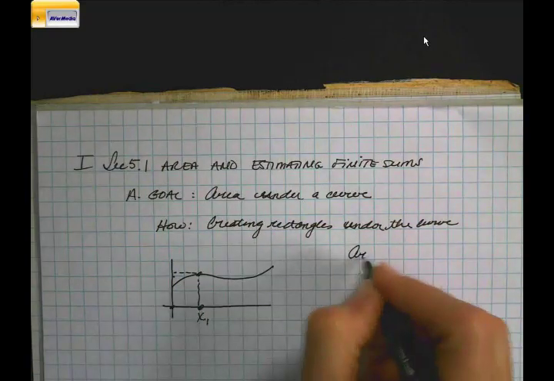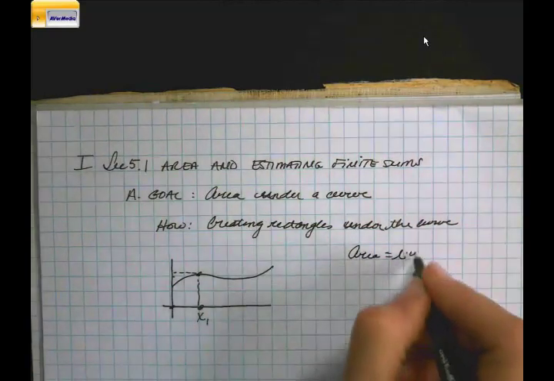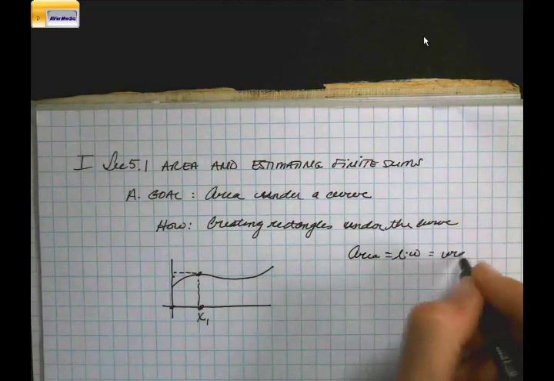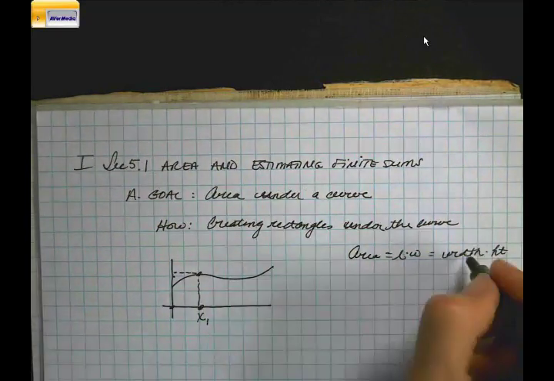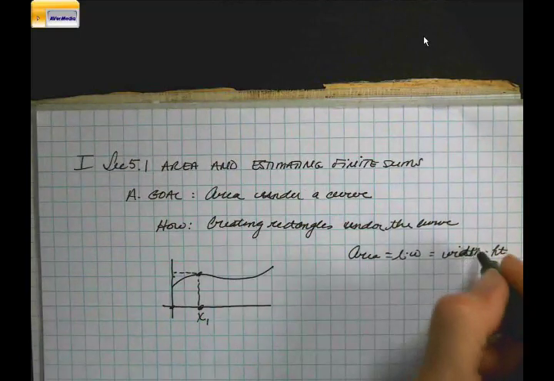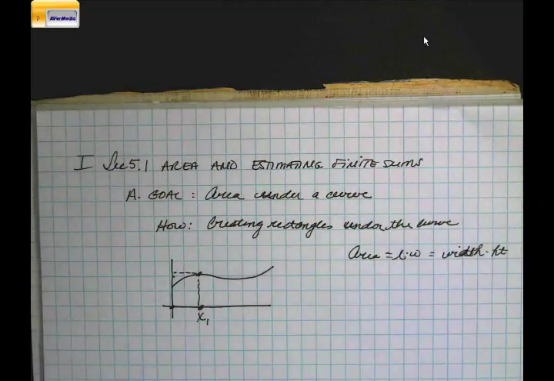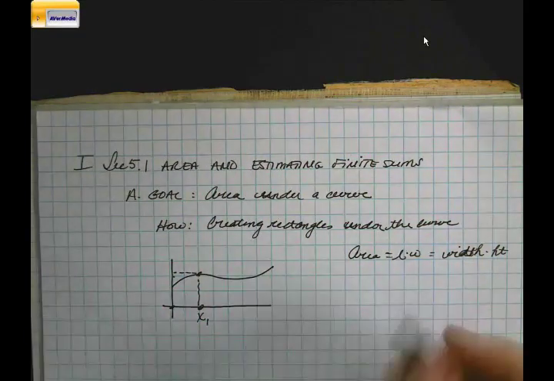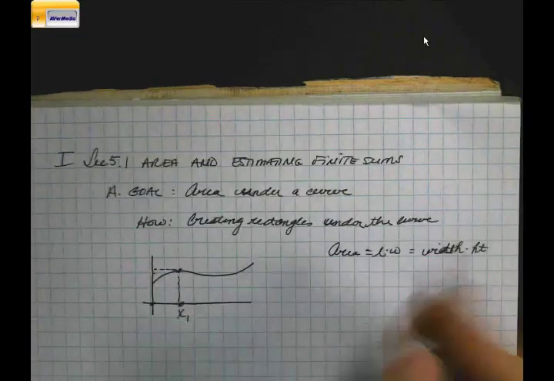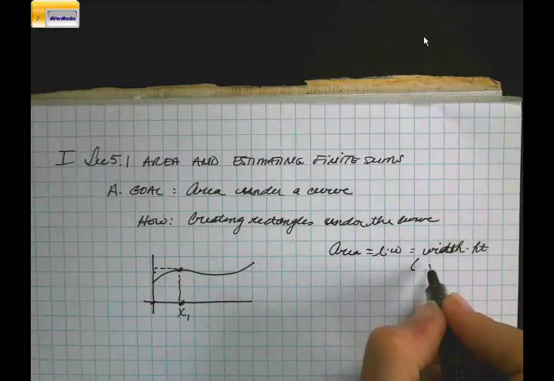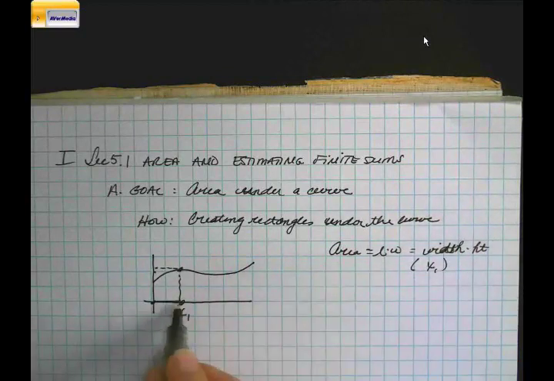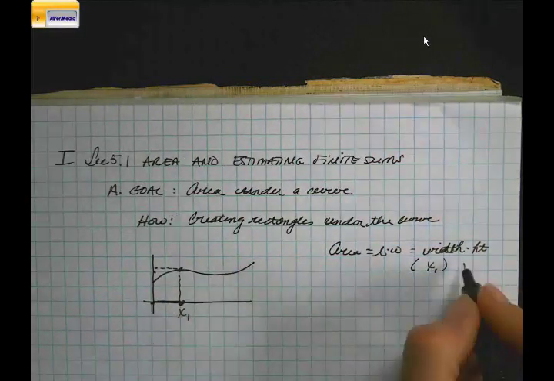The area of a rectangle is length times width, or maybe we should put width times height, so that we don't get confused with what's the width and what's the length. Instead of length, we'll call it height. In this case, we would have a width of x sub 1, that's how wide it is, from 0 to x sub 1.